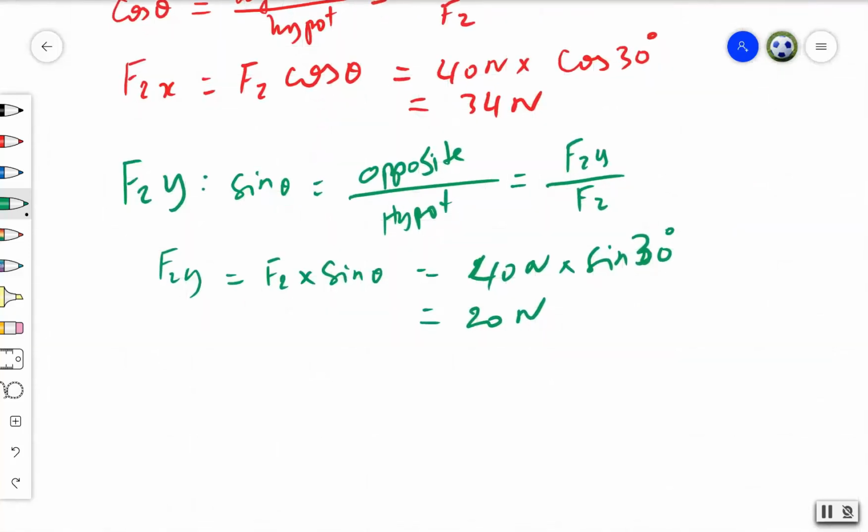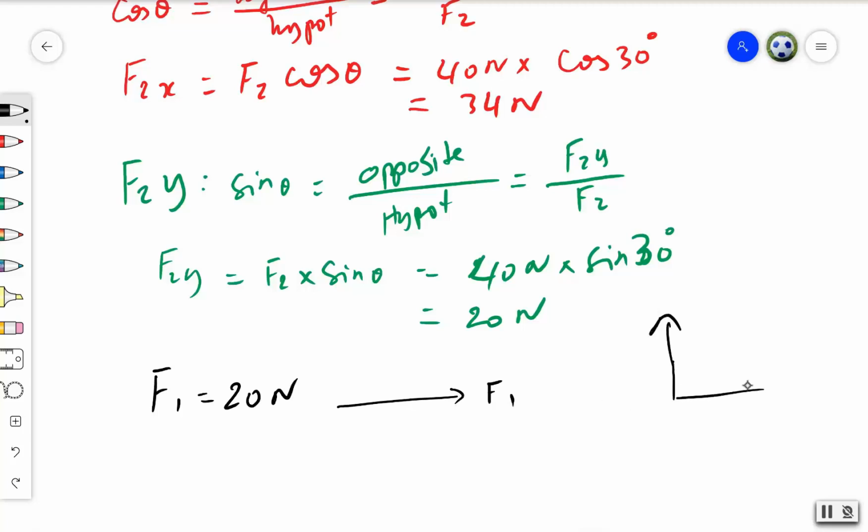Now let's go back to F1, which equals 20 Newton, parallel to the x-axis. What is the component of F1 on the x-axis?